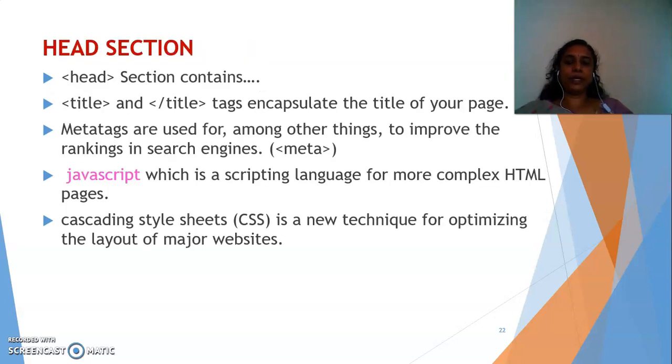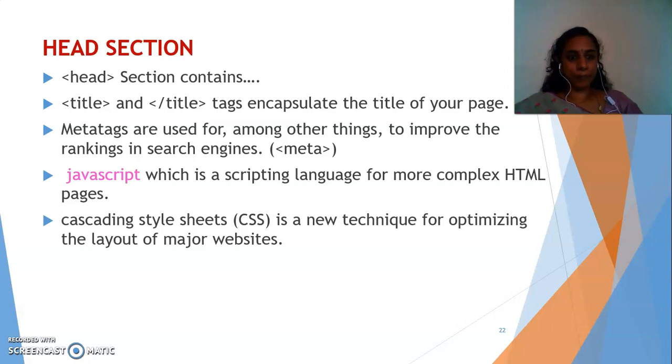Okay, then there is the head section. Inside the head section there is the title, with title opening and title closing tags, which encapsulate the title inside the head section. And then suppose you are making use of some data processing activity in your program, that means use of any scripting language in the program, it should be mentioned in the head section.